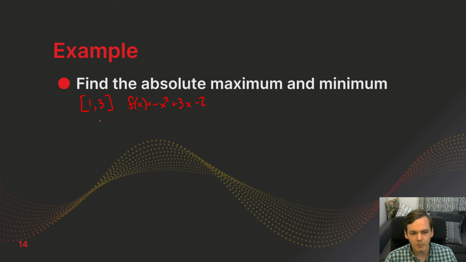So the first step is to consider the endpoints. So f of 1 is equal to 0. f of 3 is equal to negative 2, and you can plug those in and check. But those are your endpoints.